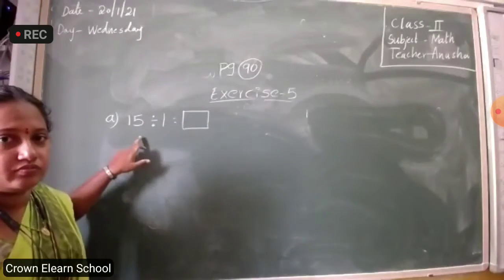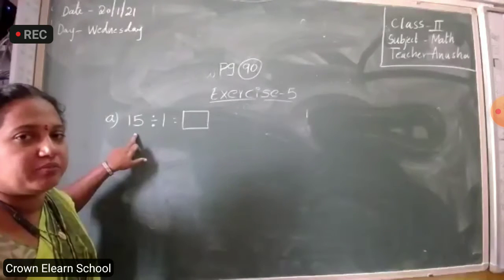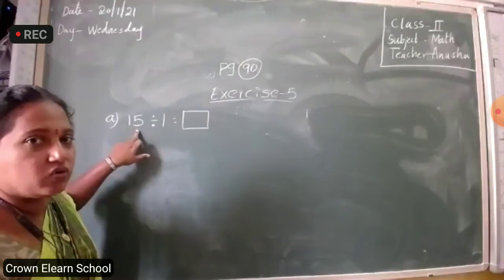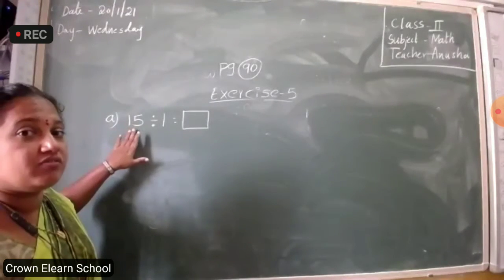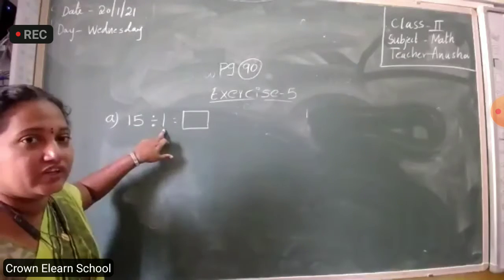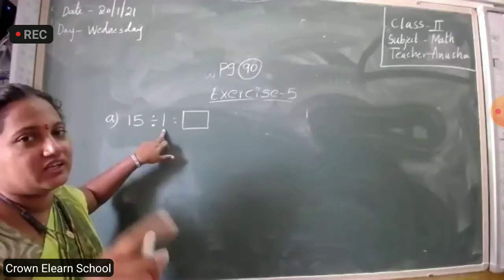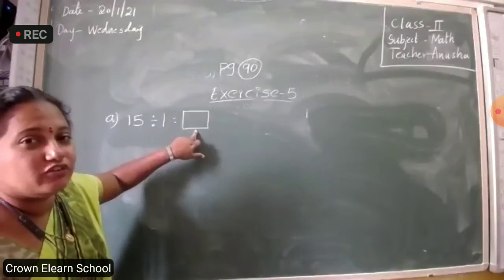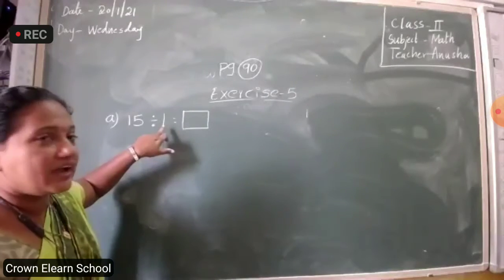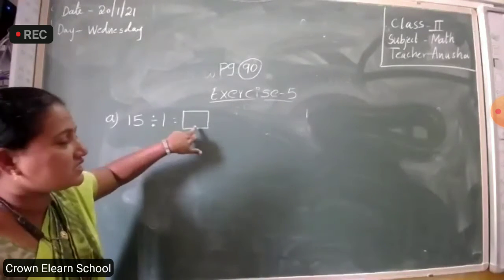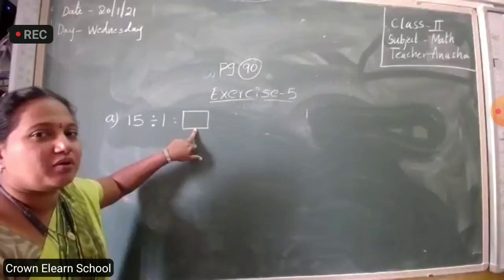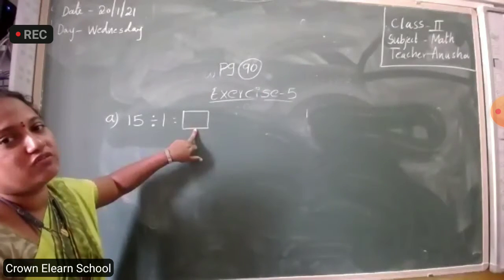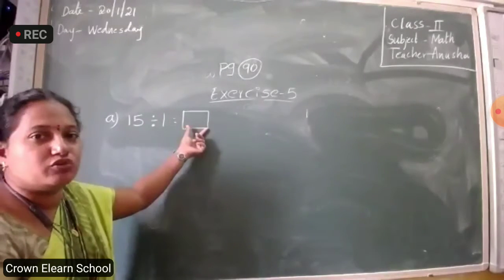Now, this is the dividend, meaning what your mother has. Your mother has 15 chocolates. Here you are only one kid. So how many will you get, tell me? You divide by 1. What is the answer, Nana? The same number. You get it all. What your mother has, she will give to you only.